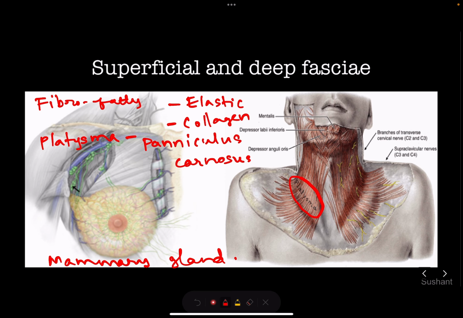These panniculus carnosus are subcutaneous muscles which all of us have seen in cattle while grazing in the fields. When flies sit on their skin, they move, they vibrate, they move a part of the skin to shoo away the flies. That is because of this subcutaneous muscle known as the panniculus carnosus.